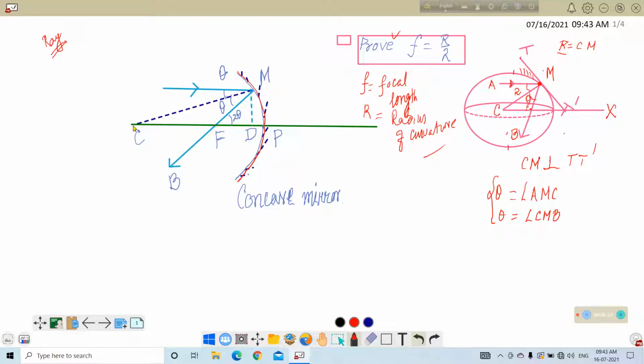So we can say CP is equal to R. R is equal to radius of curvature.